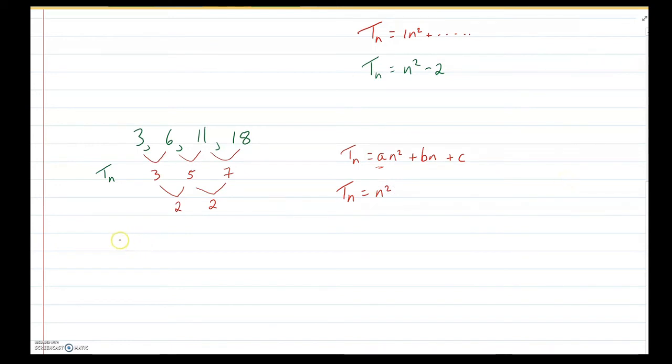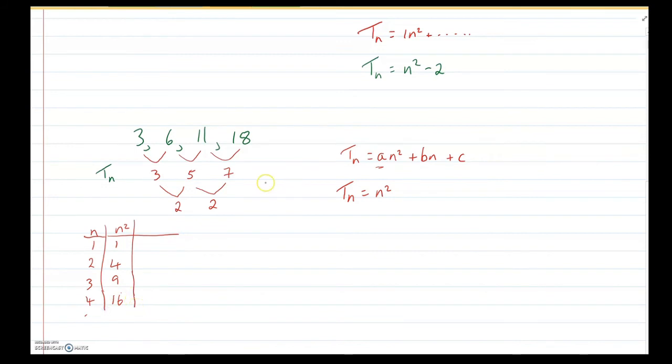So like we did before, we'll put down our values for n squared here, and we will put our terms over here. So when n is equal to 1, 2, 3, 4, we have n squared equal to 1, 4, 9, and 16.